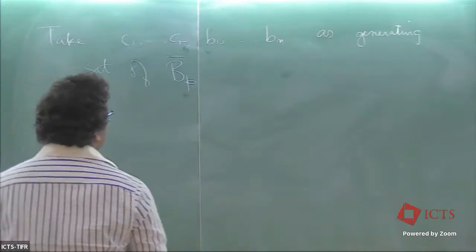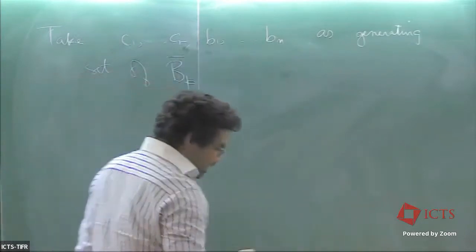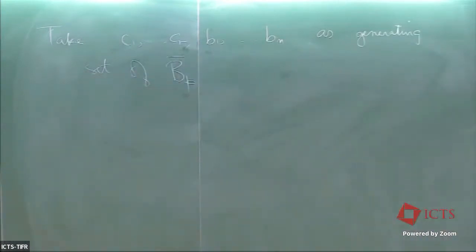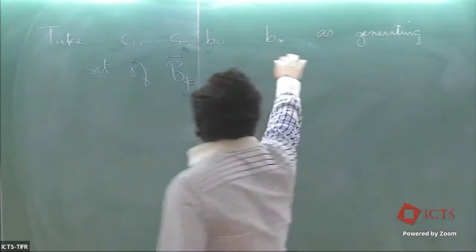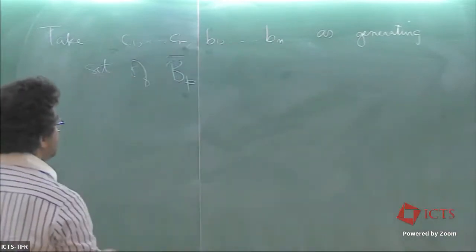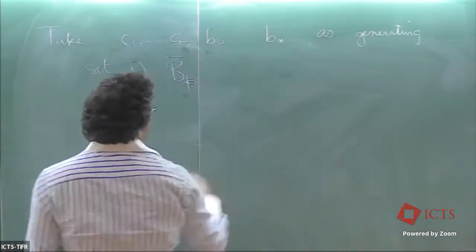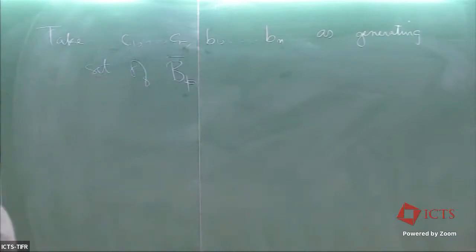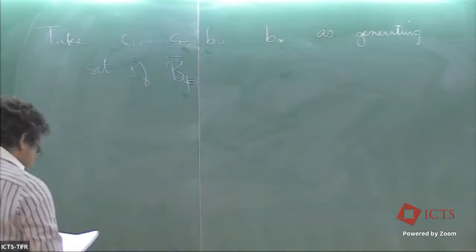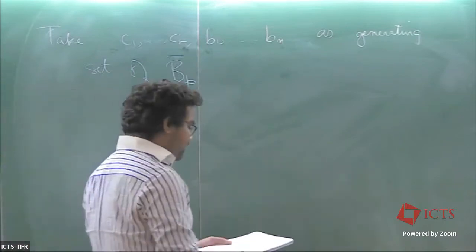So this is the generating set. Now, what does an element of a Fitting ideal look like? It is just some relation. You take the matrix of n plus r relations between these n plus r generators, and you take the determinant of that. That will give you an element of the Fitting ideal.